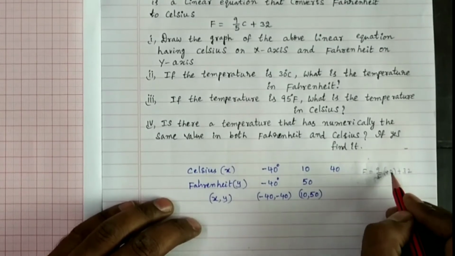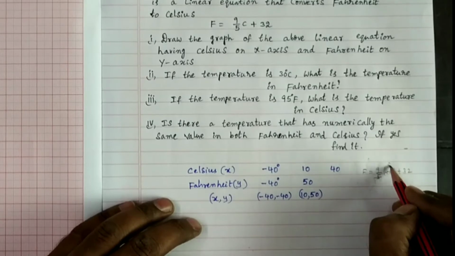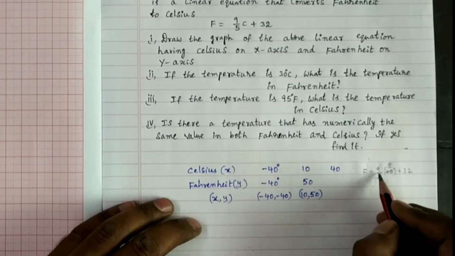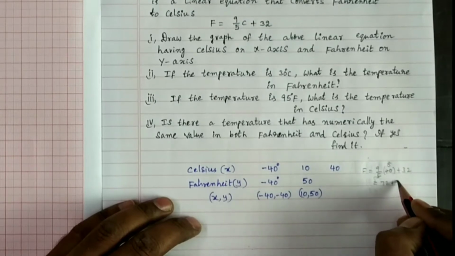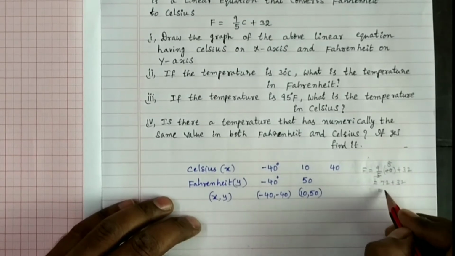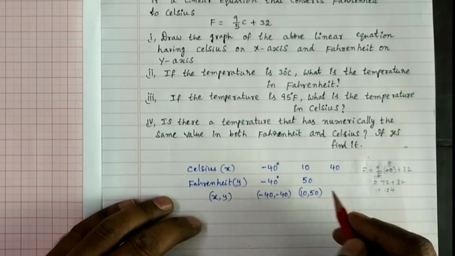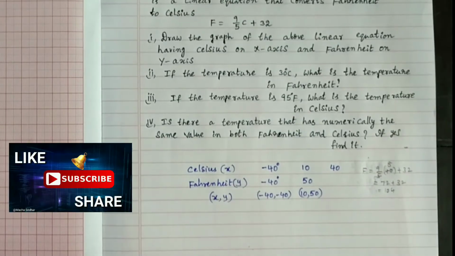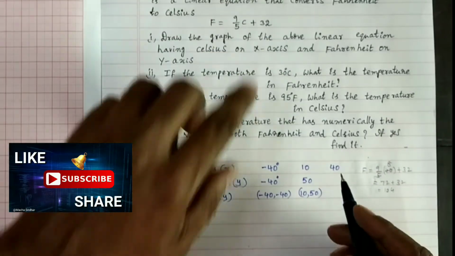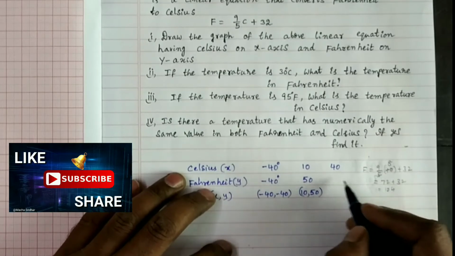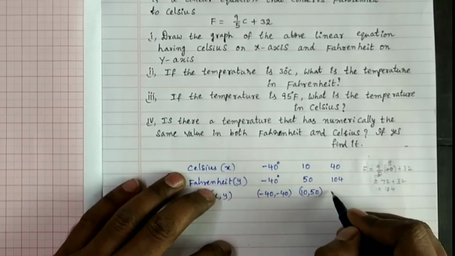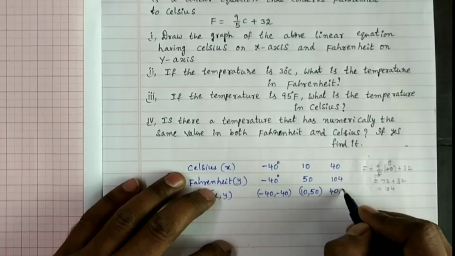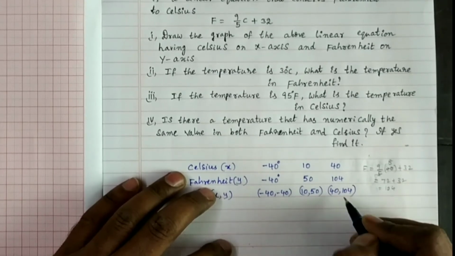So in 5, 40, 8 times will cancel, 9 8s are 72, plus 32, that is 104. So when we substitute 40 degrees in the equation, we will get the F value as 104. So the point will be 40, 104.